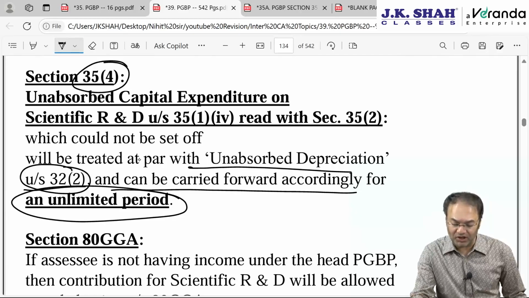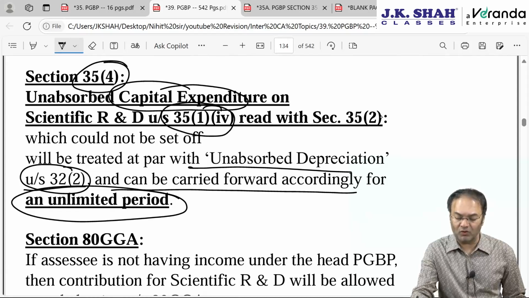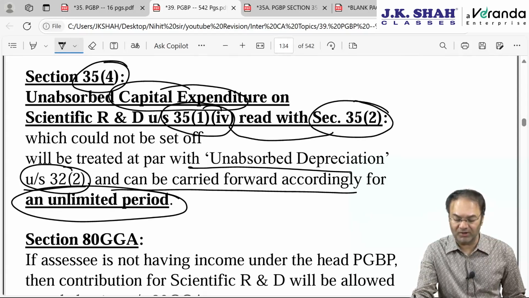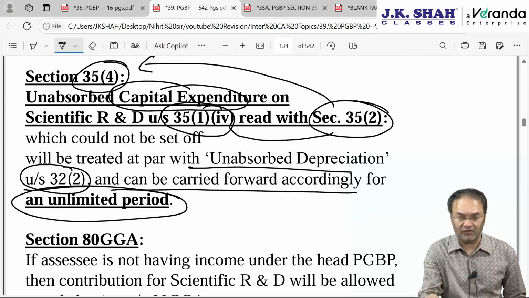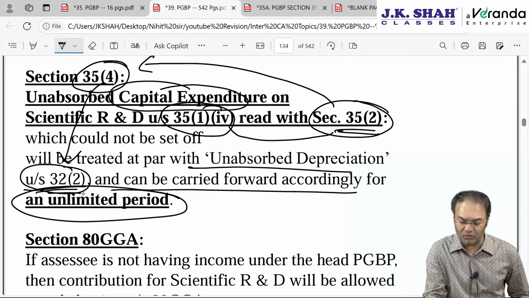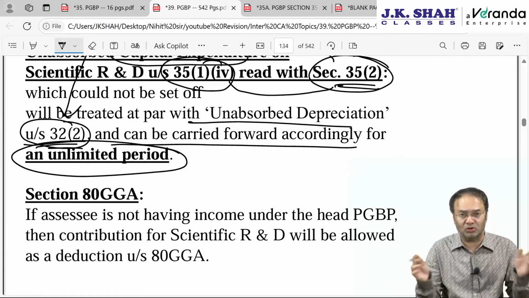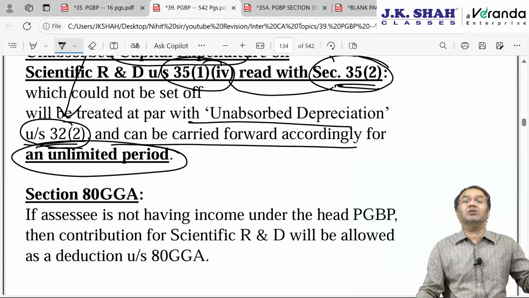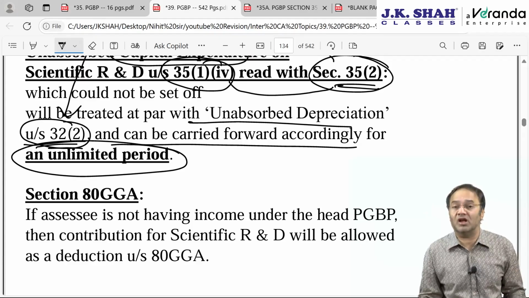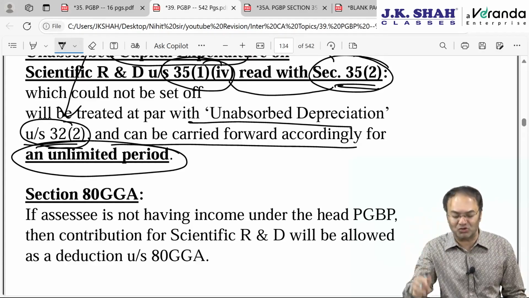If it is due to capital expenditure on scientific R&D, 35(1) clause 4 read with 35(2), both are one and the same, then it will be subject to 35(4). 35(4) says that it will be treated at par with 32(2). This is 35(2), this is 32(2). There is a difference. Don't psychologically jump to conclusion that both are same only. It will be treated at par with unabsorbed depreciation only with regards to capital expenditure, not with regards to revenue expenditure. Obviously, that much sense you should have.